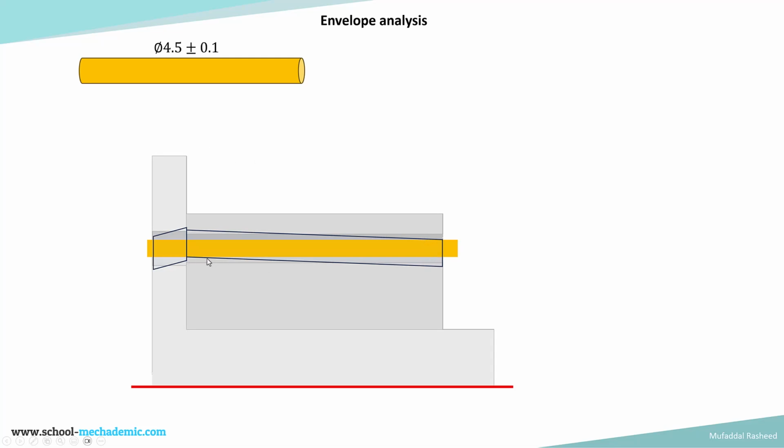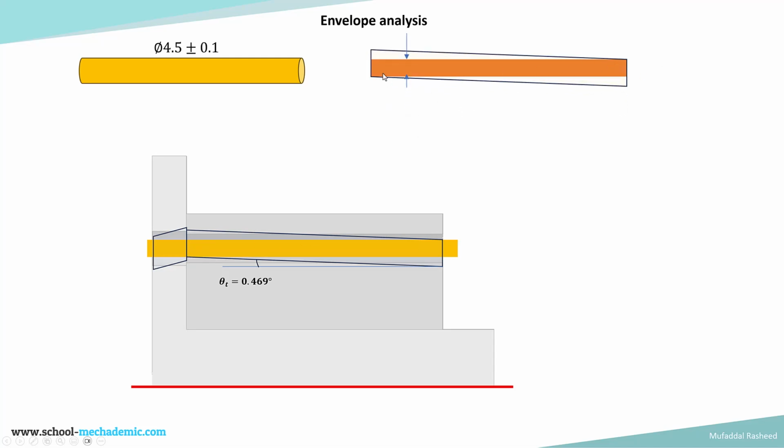So this angular deviation is nothing but the total angle theta t, which is 0.469. Because this 0.469 is because of the deviation of this surface and also the deviation of the hole axis. So it is a stacked up angle, which is 0.469, and we can calculate what is the diameter of pin required by analyzing the geometry.